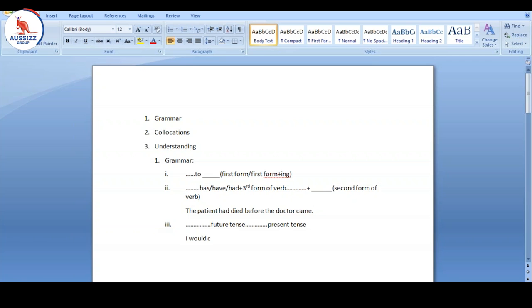And if any one of this is missing, of course, after would, I need the first form of verb. And here, as I have seen, I would come. Definitely, if this part is missing, you need only the first form there, because in simple present tense, you need the first form.